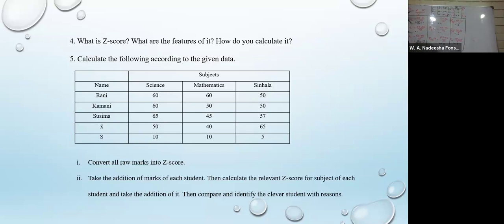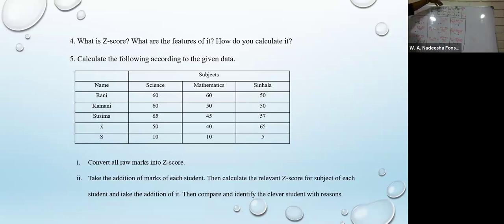Take the addition of it, then compare and identify the clever student with reasons. What will be the reasons? When comparing raw marks, we consider the total of all subjects as the same.